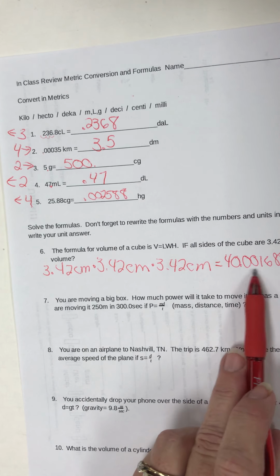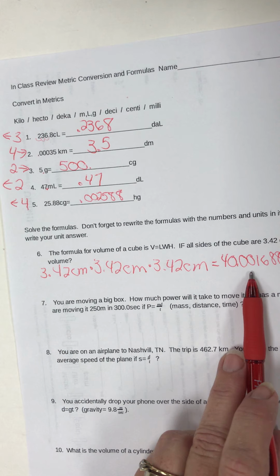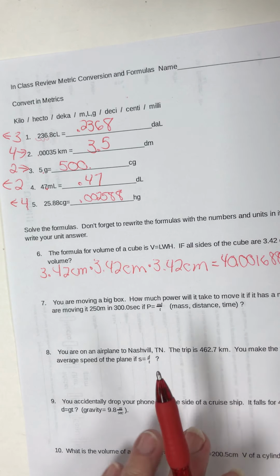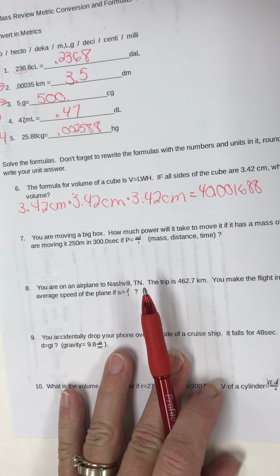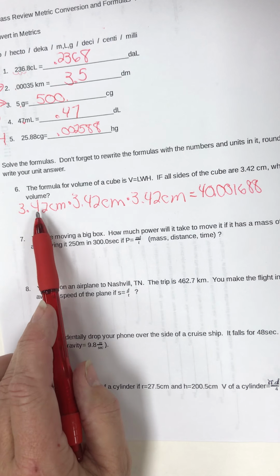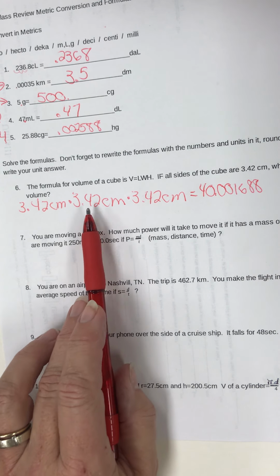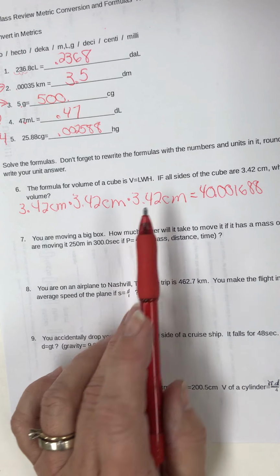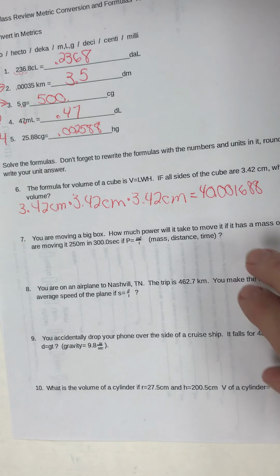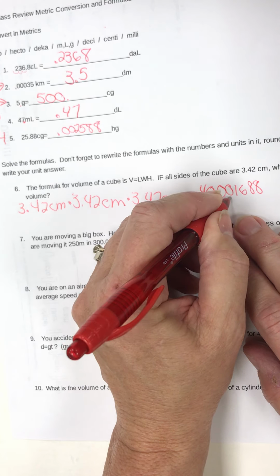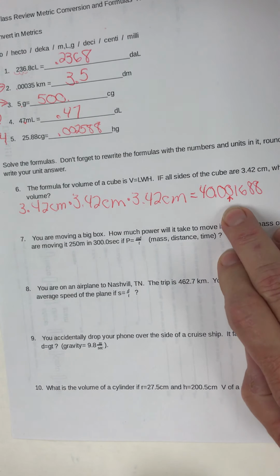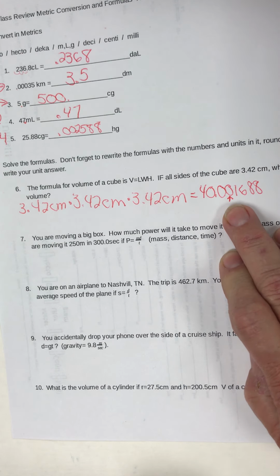Again, you don't have to write this number out. If you want to round it off your calculator, that's fine. I'm going to write it just so people on this video can see it. I got 2 decimal places on this measurement, 2 on this measurement, and 2 on this measurement. So the least number of decimal places is 2. So I got to round to 2, which is this 0 right here. That is my second decimal place in my answer.